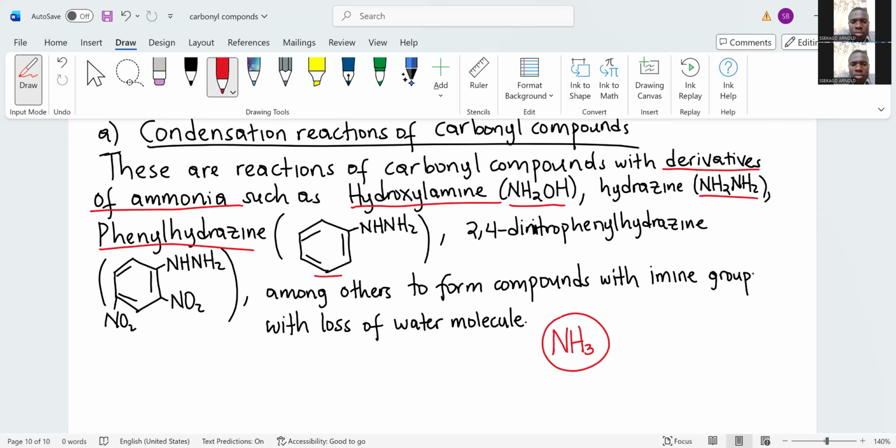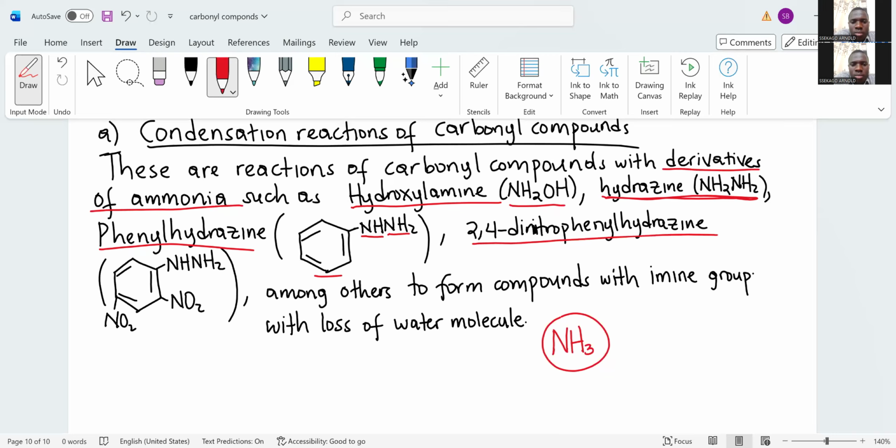Phenylhydrazine is obtained from hydrazine: remove 1 hydrogen and bring a phenyl group. That's why we are having NH2, meaning that 1 hydrogen has been removed and replaced by the phenyl group. Therefore, I have phenylhydrazine.